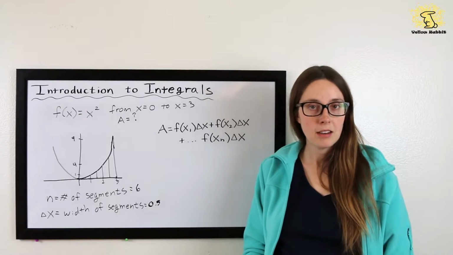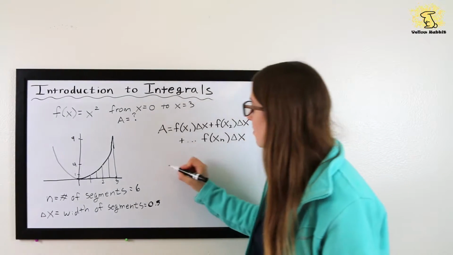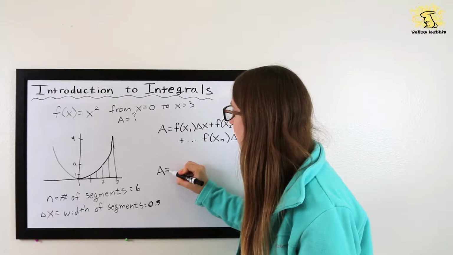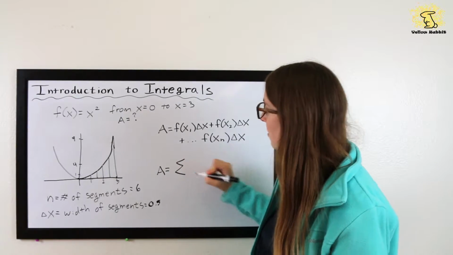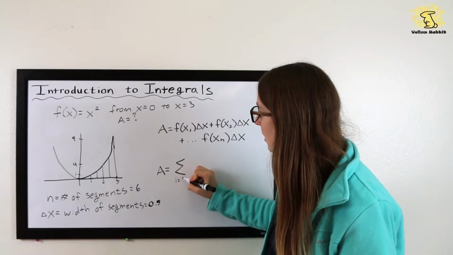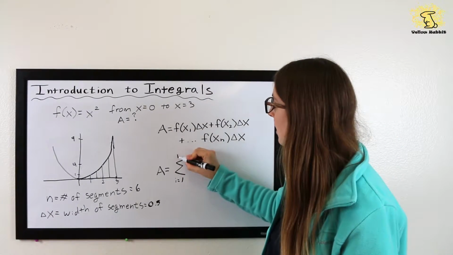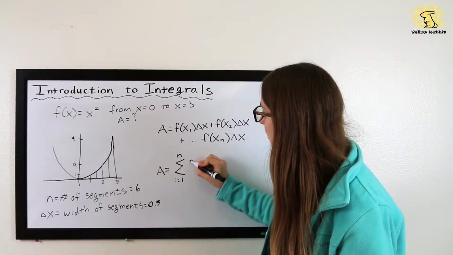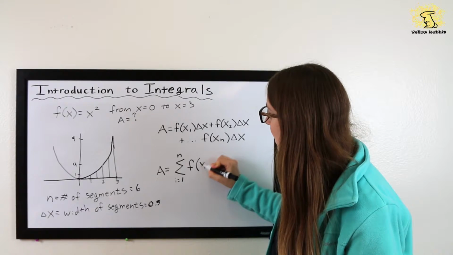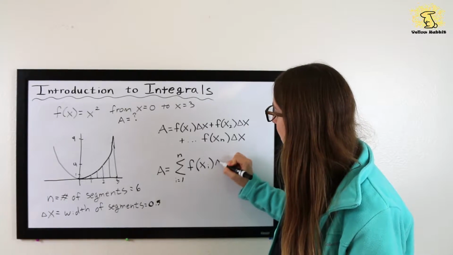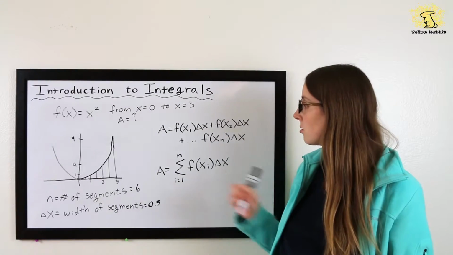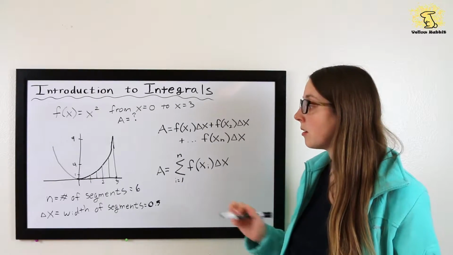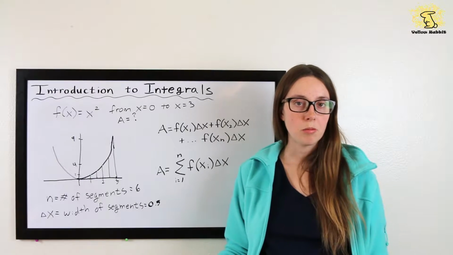If we've got a lot of terms here, it's easier to express this as a summation. So let's write this up. It would be the summation from the first point to the final point of the function evaluated at each point times the delta x. So this at the core would be the summation we would solve for a large number of points.